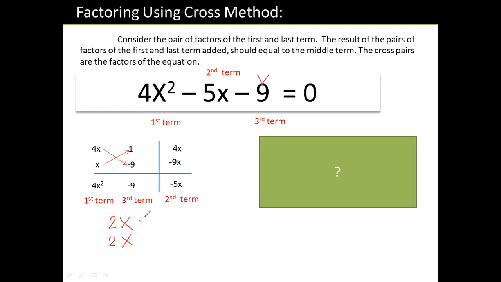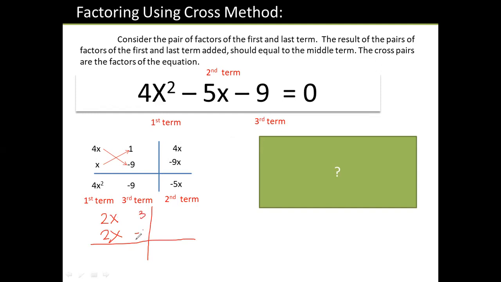Okay, so positive 3 and negative 3. Okay, now, let's do it again. So we have here 2x and 2x. Okay, so we use the cross method. And then we have also 3 and negative 3.